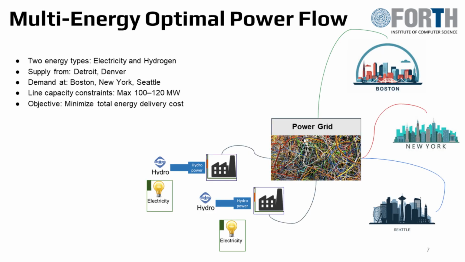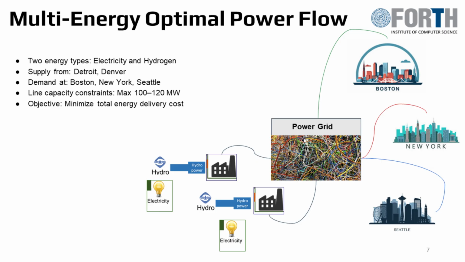Here we present a simplified concrete instance of the multi-energy OPF problem. The system involves two energy types, electricity and hydrogen. We have supply nodes, Detroit and Denver, and demand nodes, Boston, New York, and Seattle. Energy must be transported from supply to demand through a power grid, subject to line capacity constraints.